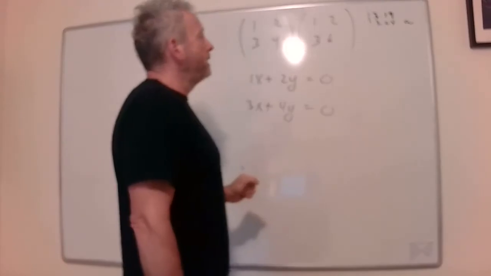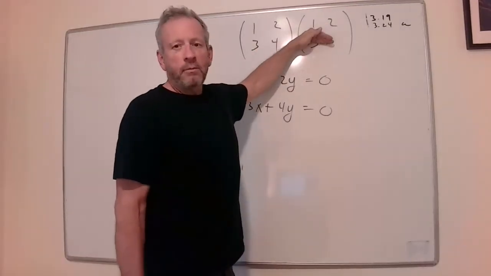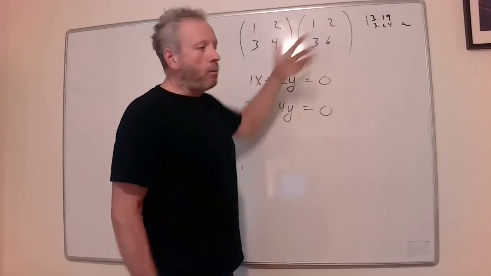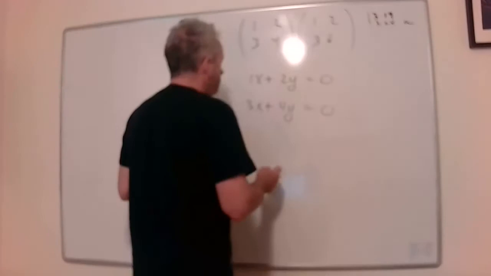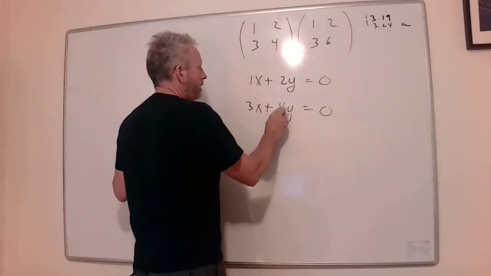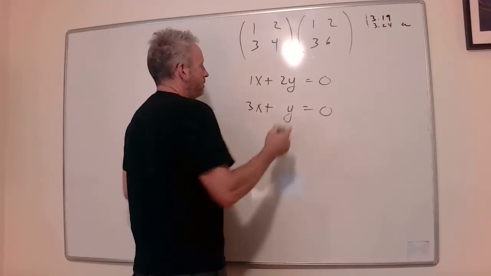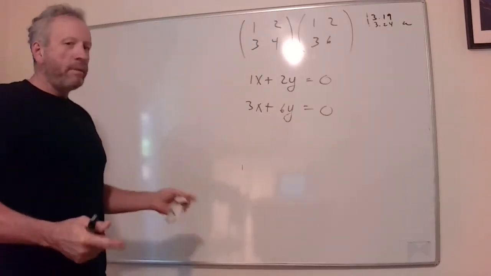But most importantly, this row and this row are the same row. Now, what would that mean in terms of a system of equations? Well, I'll leave the 1, 2 alone, 3, and we'll just make this a 6 here. What does that mean in terms of equations?